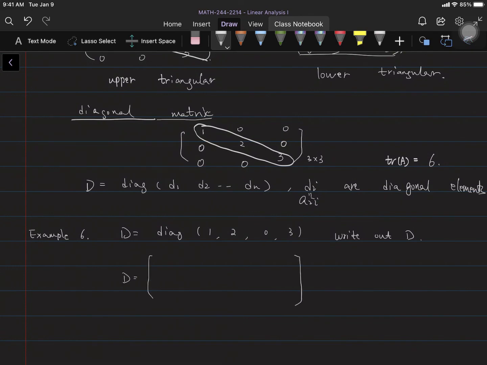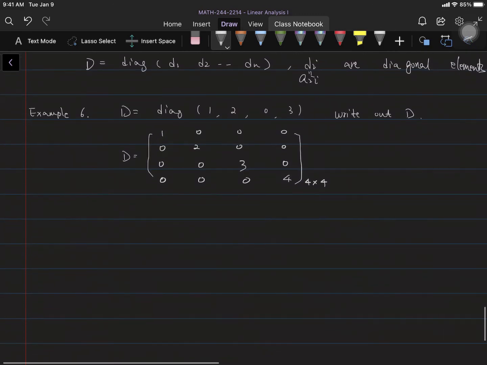So we just write 1, 2, 0, 3 in the diagonal positions, and this is 4 by 4 because we have 4 numbers here, and we just fill zeros in the other positions. So you can see 0, 0, 0, 0. Okay, so this is a diagonal matrix.